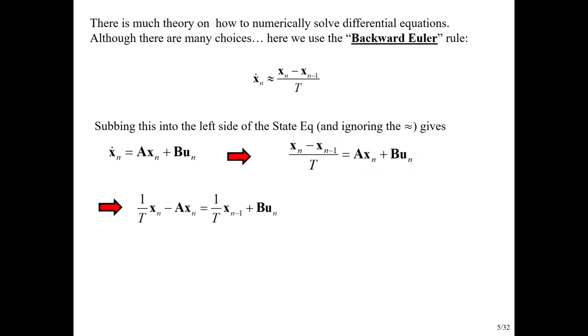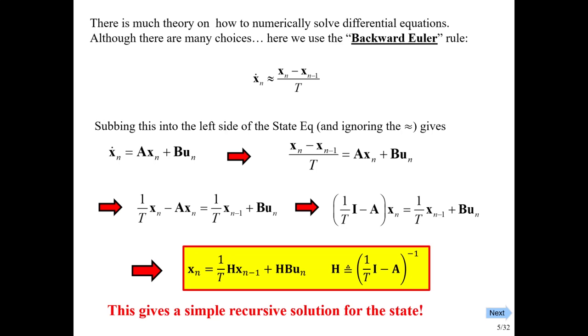And so now with just a little bit of manipulation, we can pull the x of n's together over here and put everything else on the right side. And one more step, we can pull out the x of n, and then one final step, find the inverse of that matrix. Now, it has to be invertible, but for operable circuits, that will be invertible, and we can invert it.